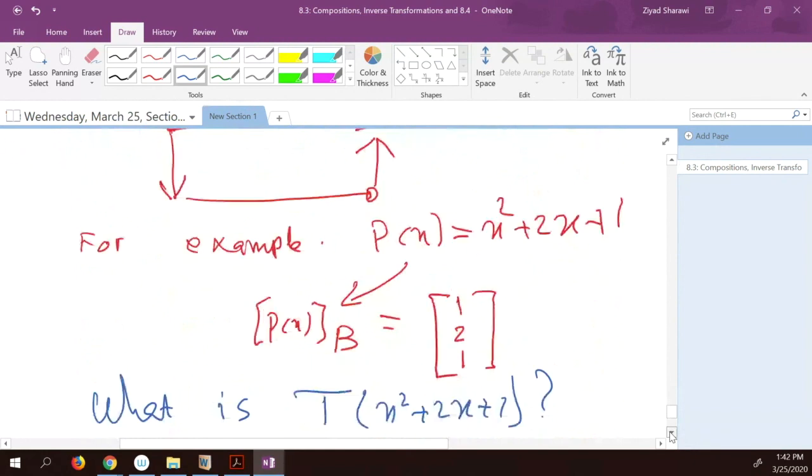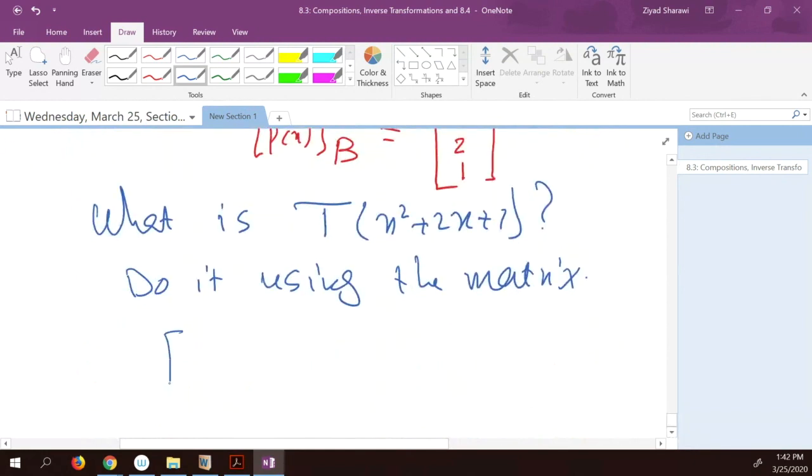Okay, please help me to get it. 0, 0, 0, and then here 0, 1, 1, and here it was 1, negative 2, 0. Am I correct? 1, negative 2, 0. All right, thank you. So this is the matrix.